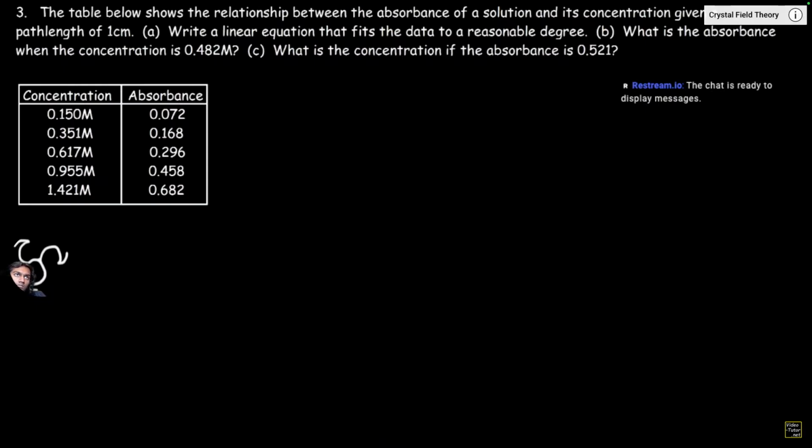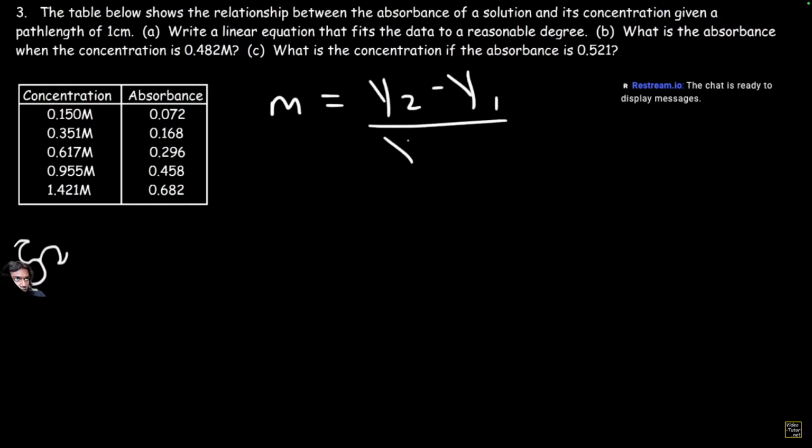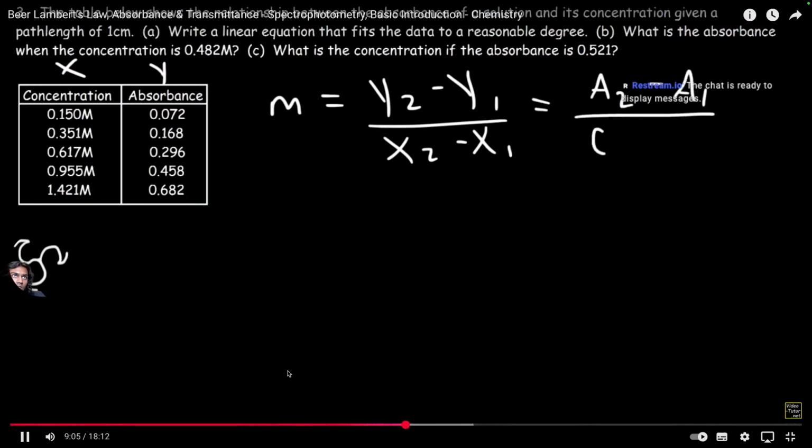So first we need to calculate the slope, which is the difference between the y values divided by the difference of the x values. So let's choose x for concentration and y for absorbance. So we could say that it's technically A2 minus A1 over C2 minus C1.